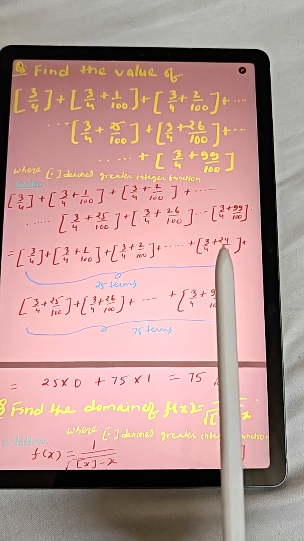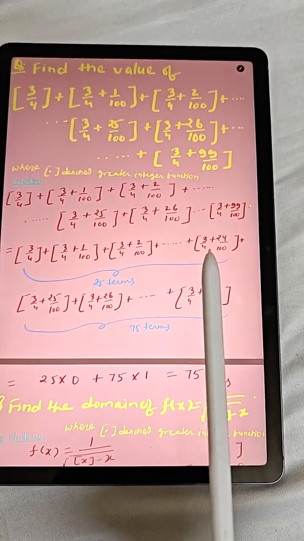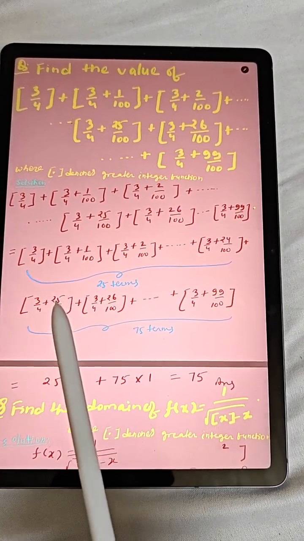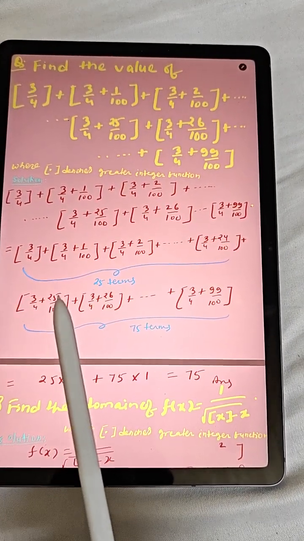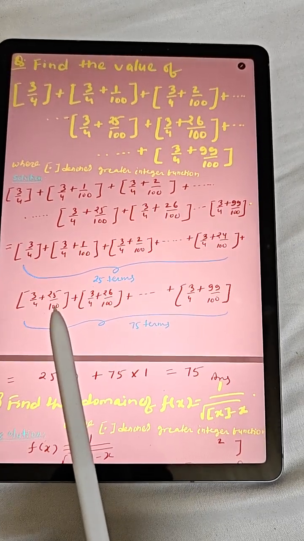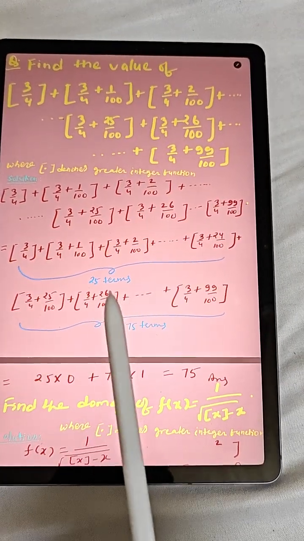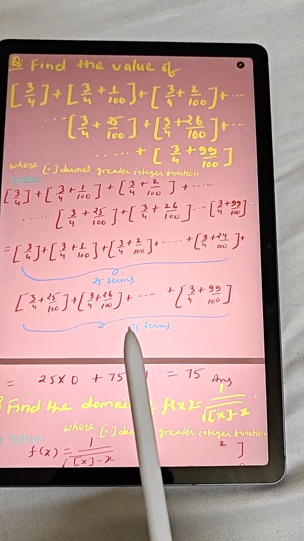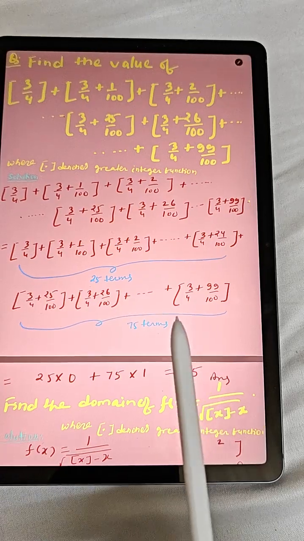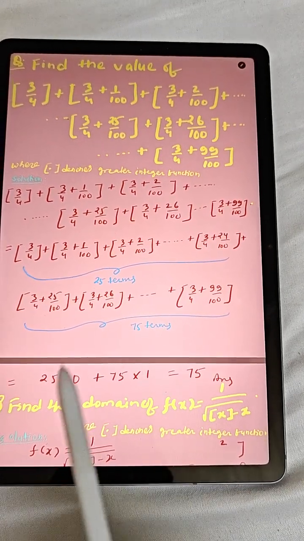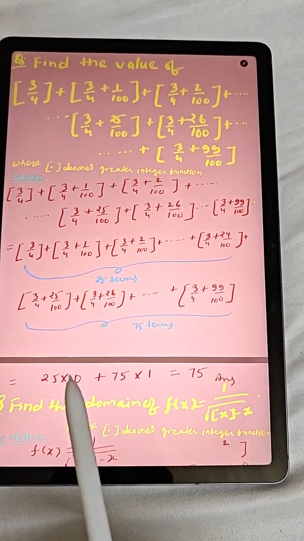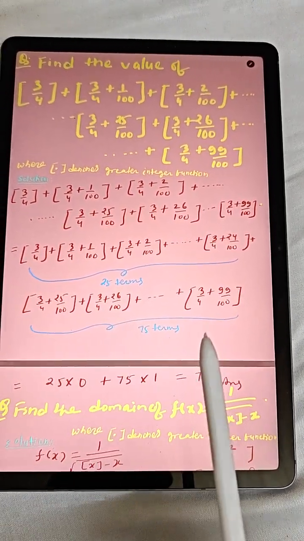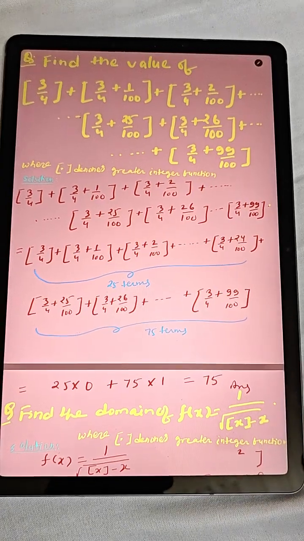Because up to here the greatest integer function value will be 0 for each term. And from 25/100, which is 1/4, the value is 1 plus something, so the greatest integer function value will be 1. 75 terms are there altogether. So we have 25 into 0 for this and 75 into 1 for this. So the answer is 75.